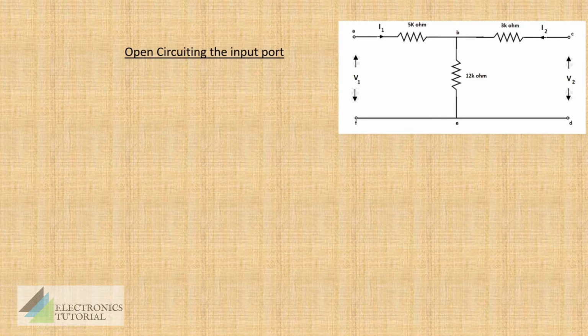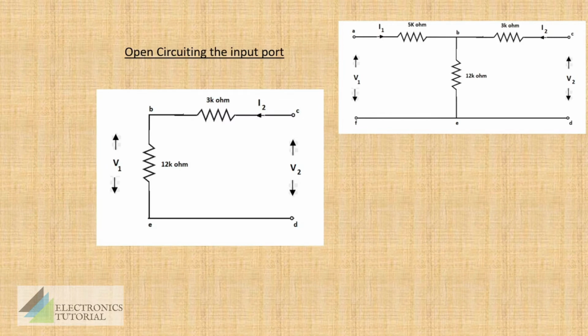When open circuiting, the current I1 loses its path, that is, there won't be any current flow through this 5 kilo ohm resistor. So, we can redraw the circuit without this 5 kilo ohm resistor. Now, our circuit has been reduced.